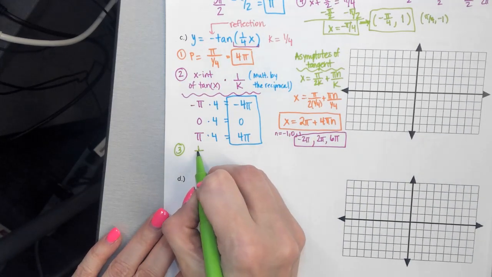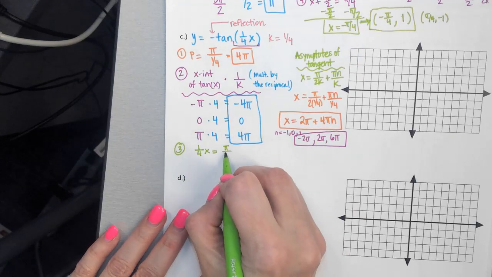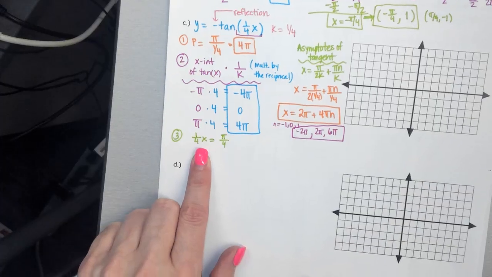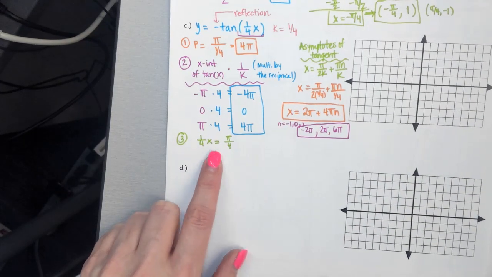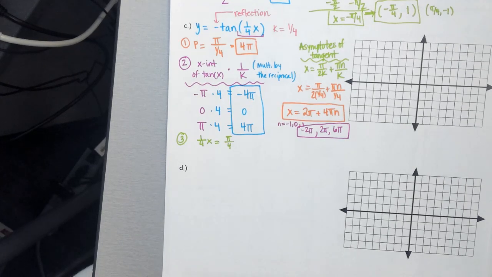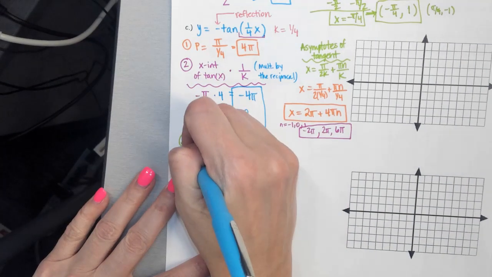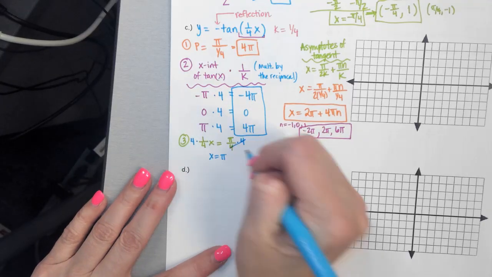So one way to ensure we're finding the right value is we can solve this with algebra. A lot of you are going to be able to find this without algebra, because what can you plug in for x that would make that pi over 4? 1/4 times what is pi over 4? Yeah, just pi. You can also multiply by 4, and you can simplify to get your x as pi.